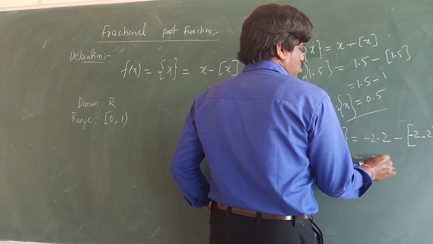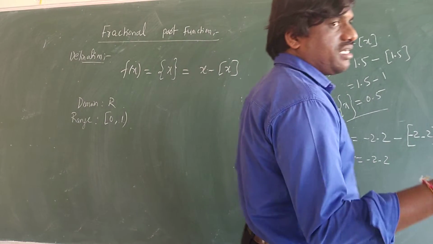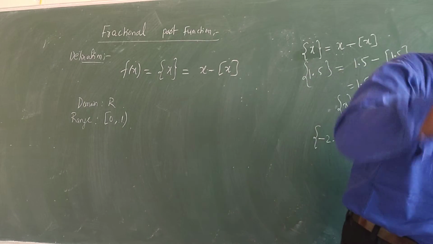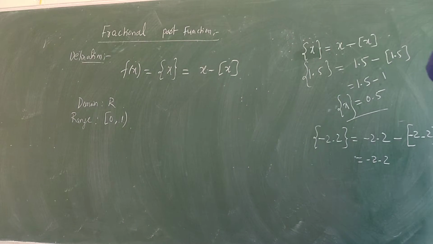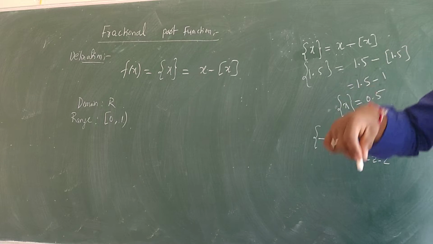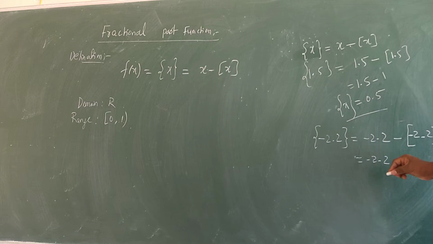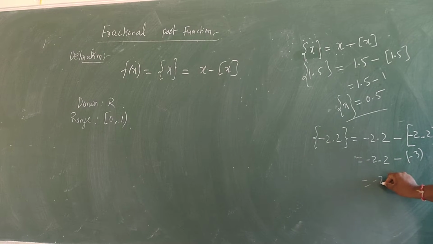So what is the greatest integer of minus 2.2? On the number line, see that, minus 3. So the greatest integer of minus 2.2 is minus 3. So what I get here? Minus 2.2 plus 3. How much you get here?